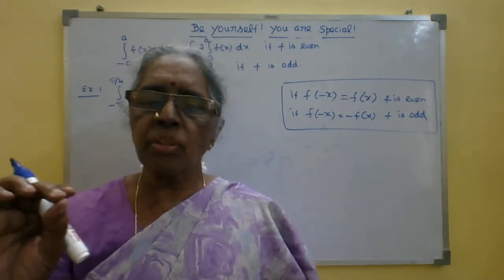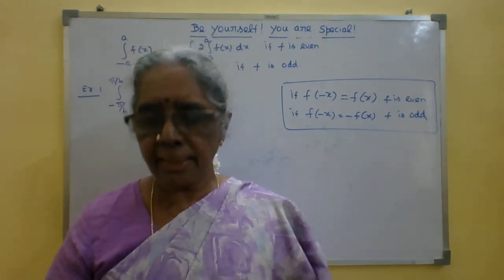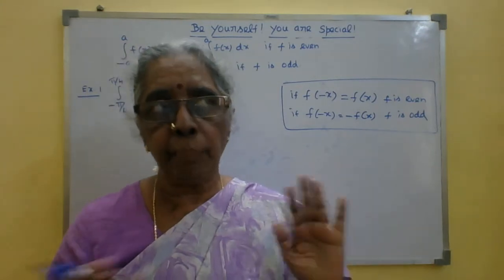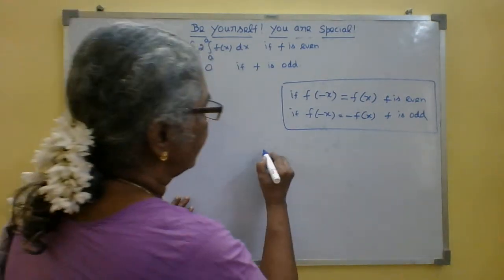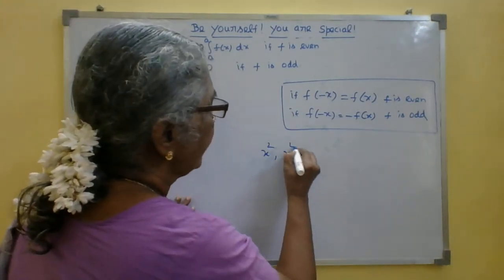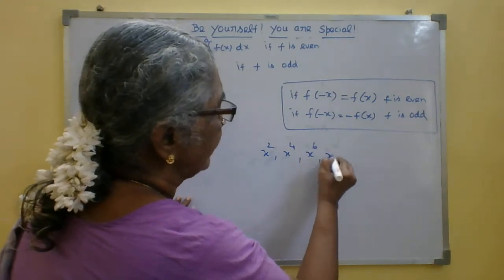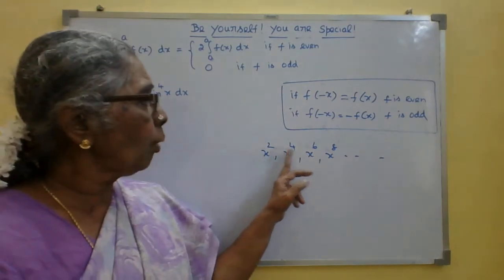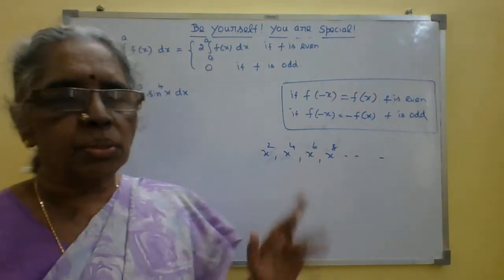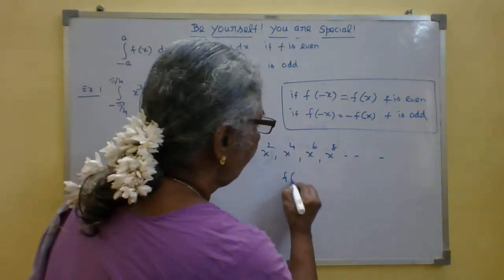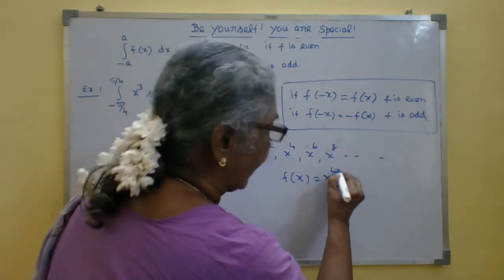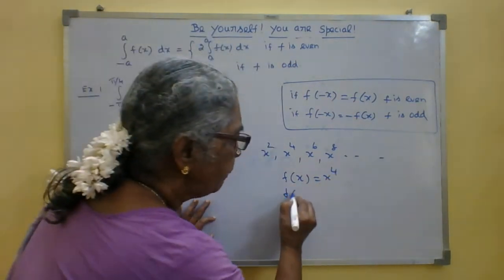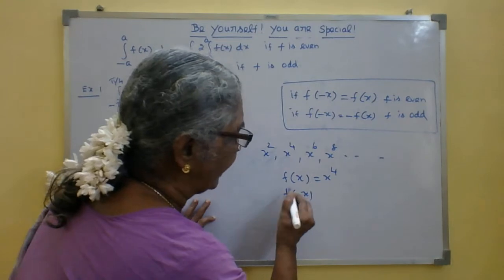Let me give you some simple examples. First, let us consider some simple algebraic expressions. Now I will consider x squared, x power 4, x power 6, x power 8, like that. That is, I am considering all the powers to be even numbers. Now let me take f(x) equal to x power 4, and find f(minus x).